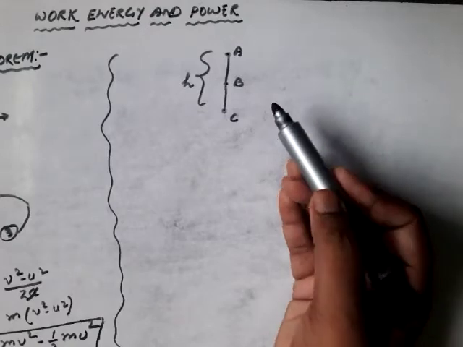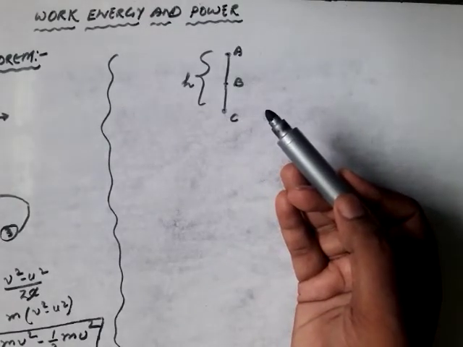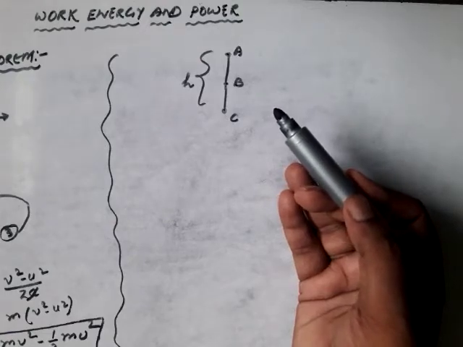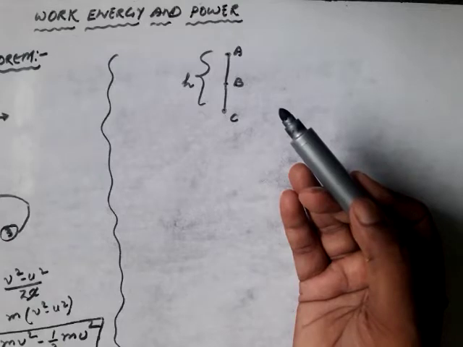In the previous classes we have also learned that energy cannot be created. According to the principle of conservation of energy, energy cannot be created, nor can it be destroyed, but it only changes its form from one form to another, and the sum total of all the energy remains constant in the whole system.